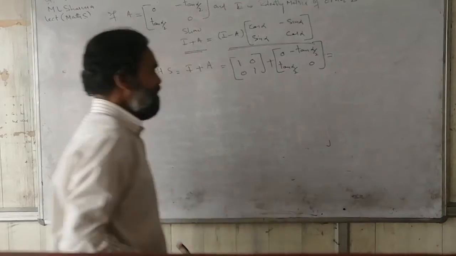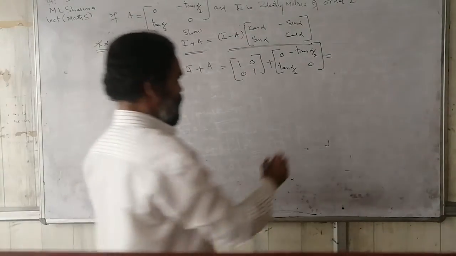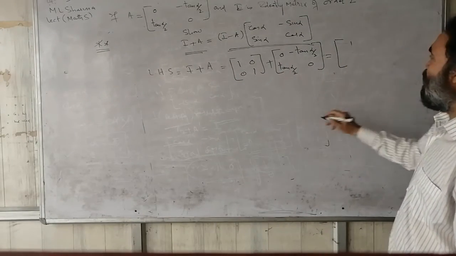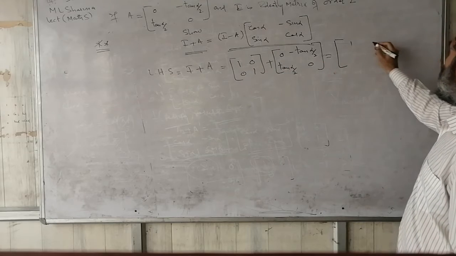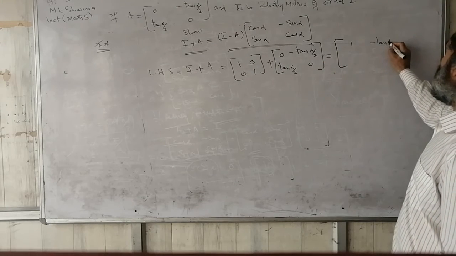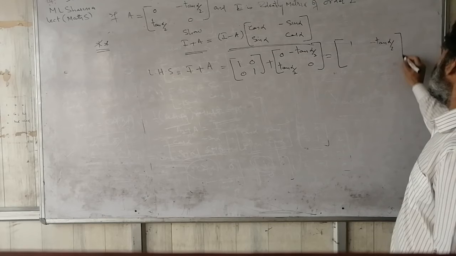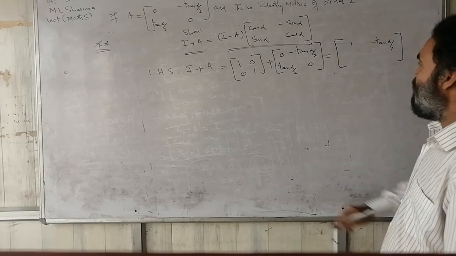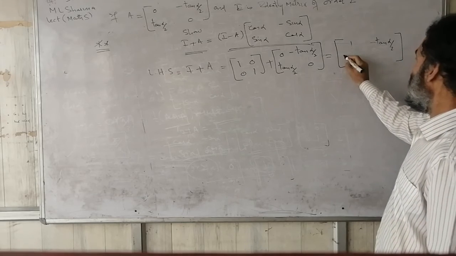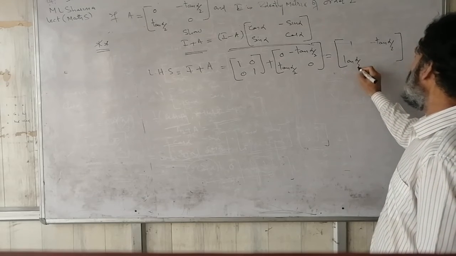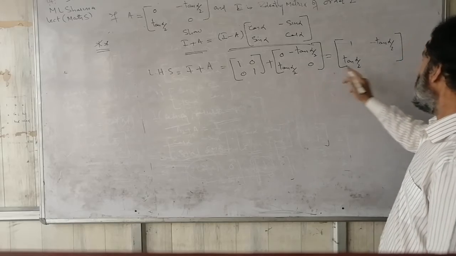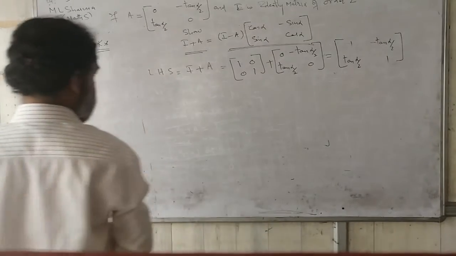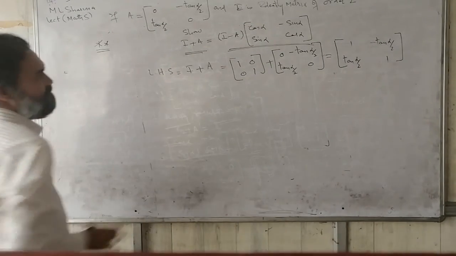If I add these two, I will get 0 plus 1, 0 plus tangent alpha by 2, and 0 plus tangent alpha by 2, and 1 plus 0, 1 here. So this is the left hand side.